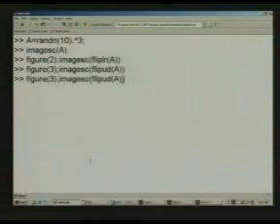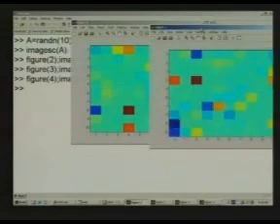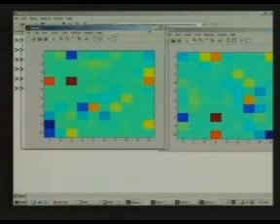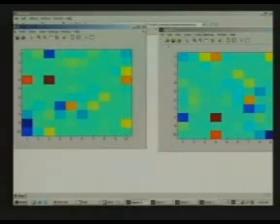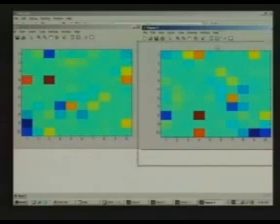Similarly, suppose I take another figure and use rot90. With respect to figure 1, this is my figure 1, and this is rot90. You can see the whole thing has been rotated in an anti-clockwise fashion.